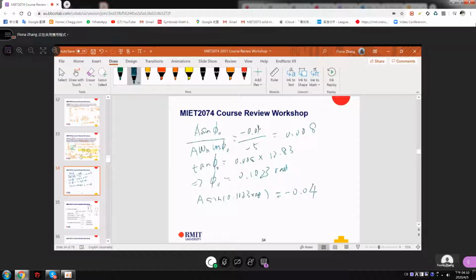So A equals negative 0.4, and here you can get the displacement response. Here is omega n. So the maximum upward displacement then is 0.92 meter. Upward is this one.